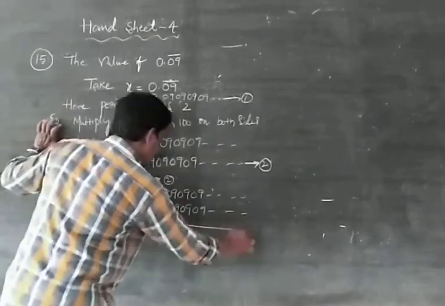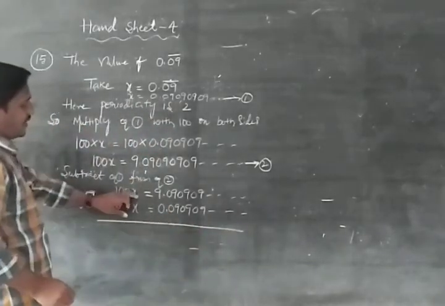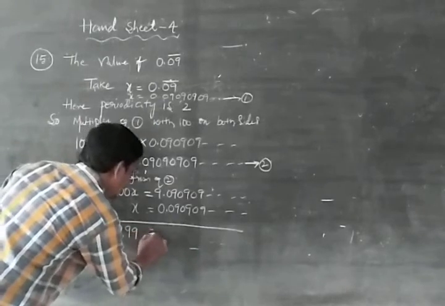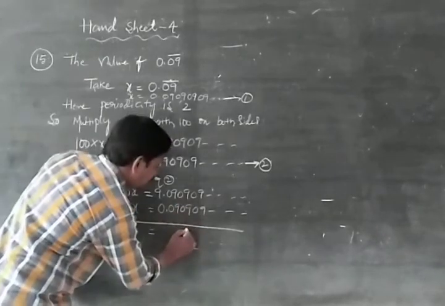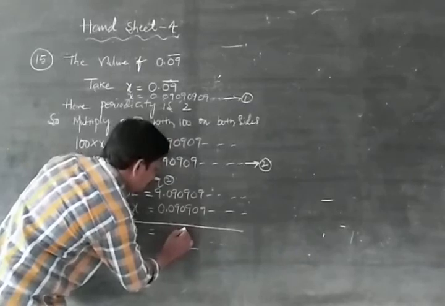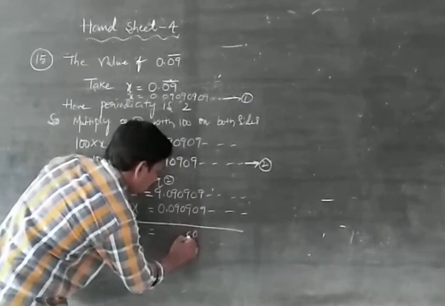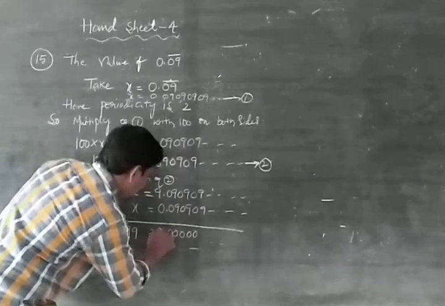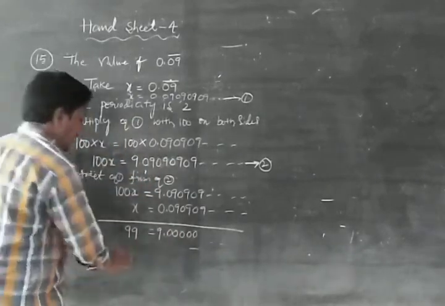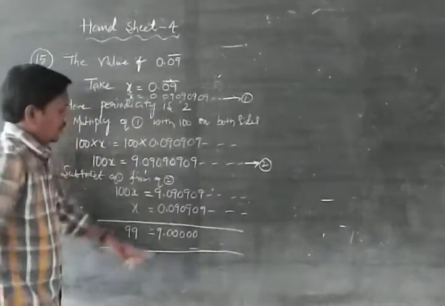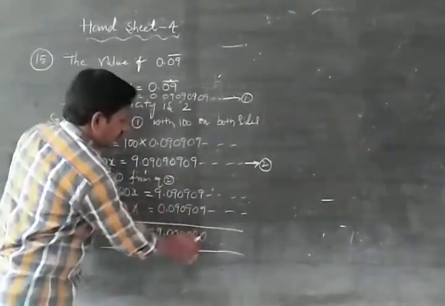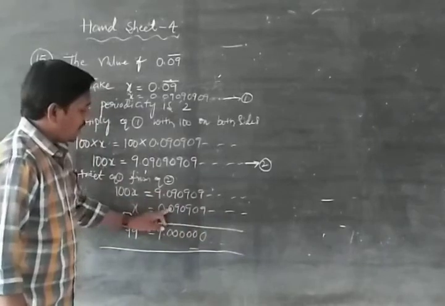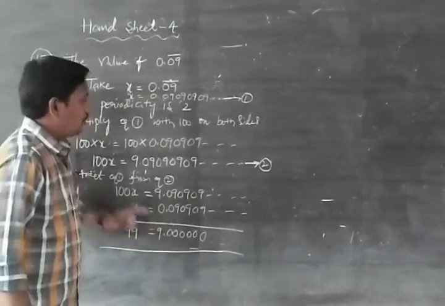So 100x minus x is 99x, and the right side gives 9. Understand?